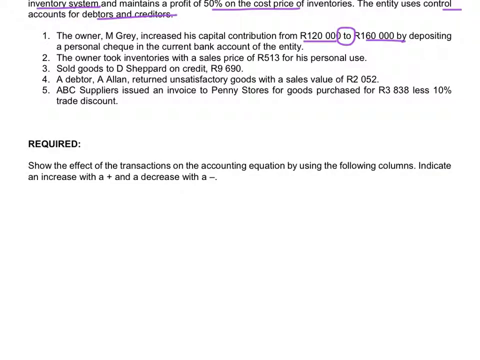The owner took goods with a sales price of 513 for his personal use. If the sales price is 513, VAT is included in the 513. So we have to take the VAT out to determine the sales price excluding the VAT, so that we can determine the cost price.